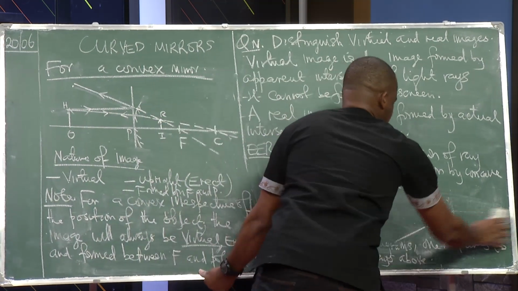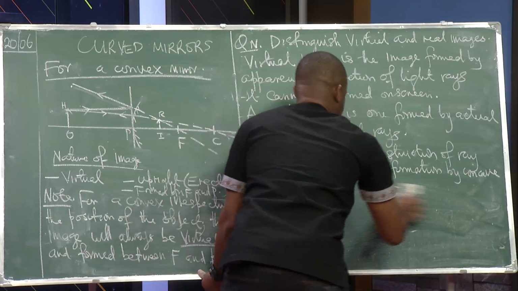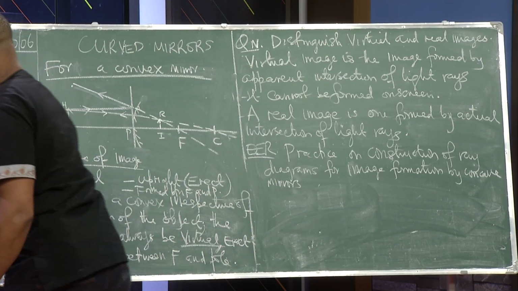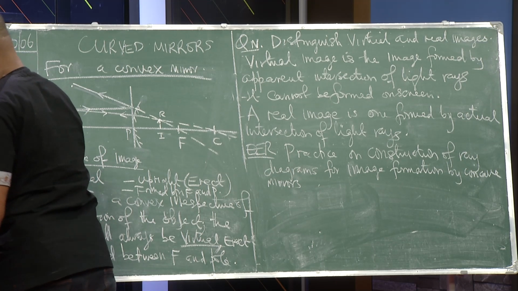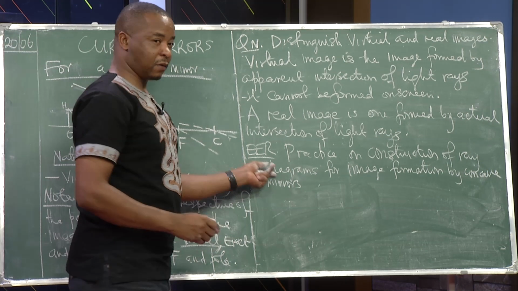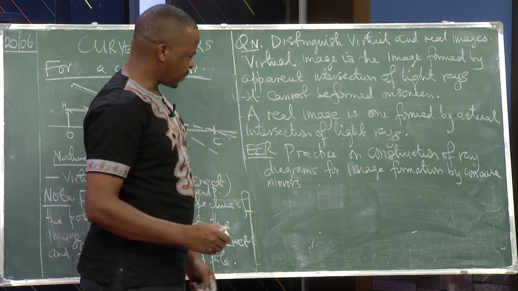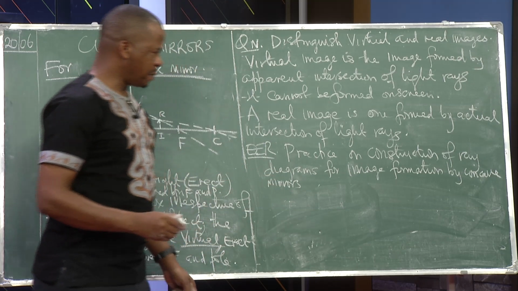I expect you to practice, and that means that when we meet for our next lesson, I definitely will not be able to take you through the diagrams of images formed by concave mirrors.